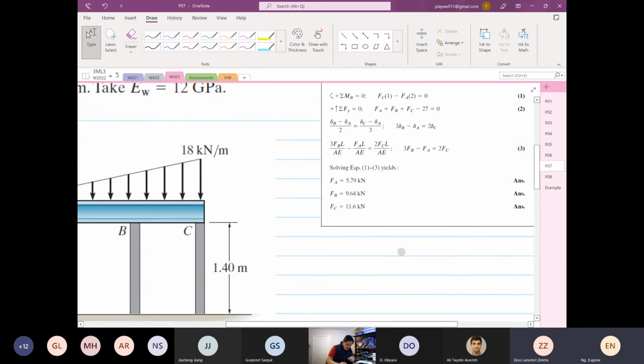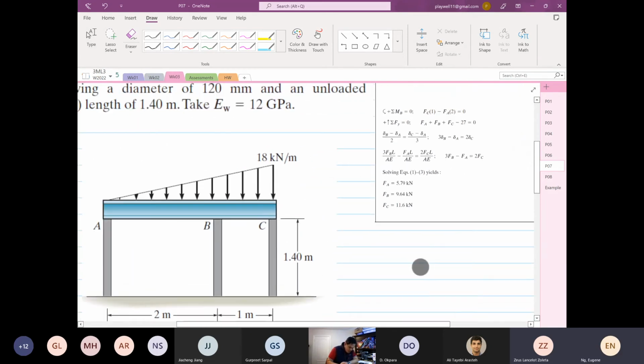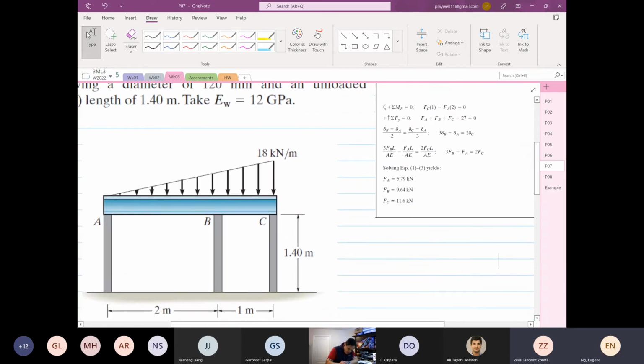Okay, so given those information, we know that we're going to find area of A is equal to area of B is equal to area of C. We are aware that this is pi and this is 0.06 squared.